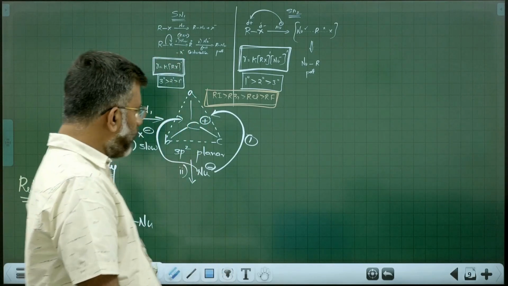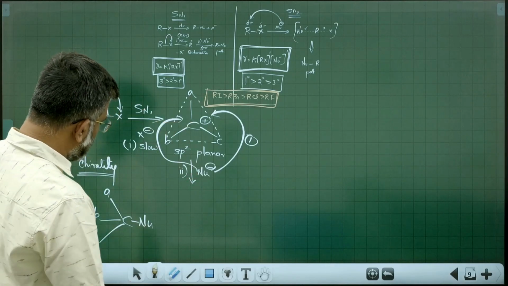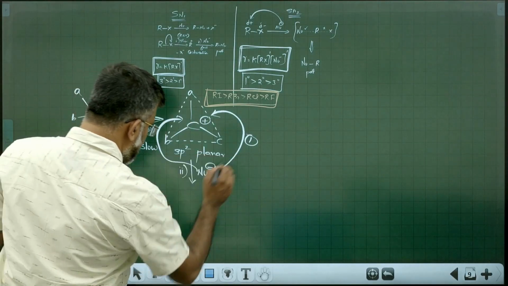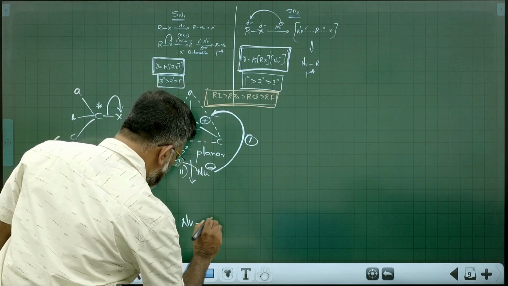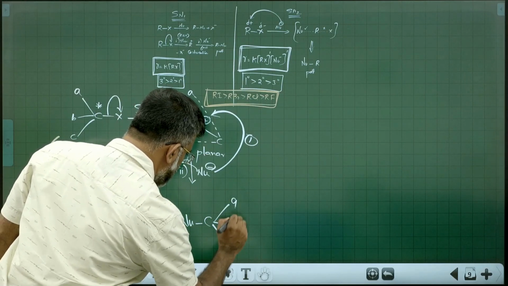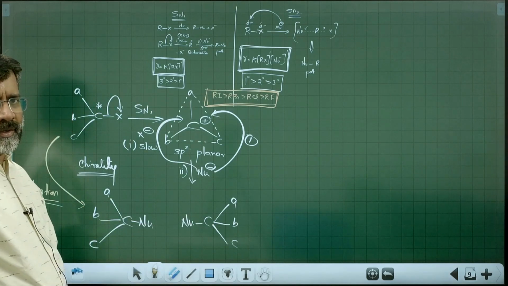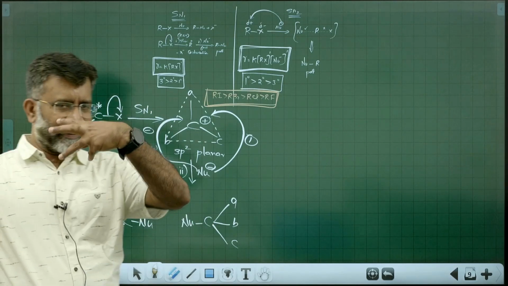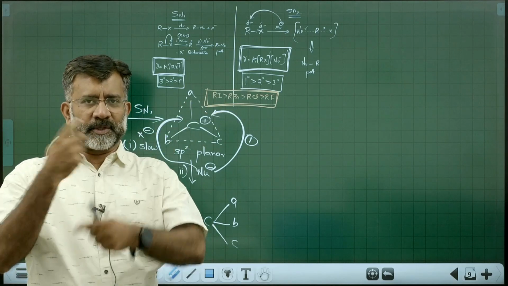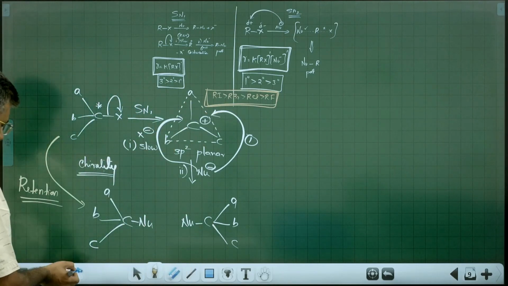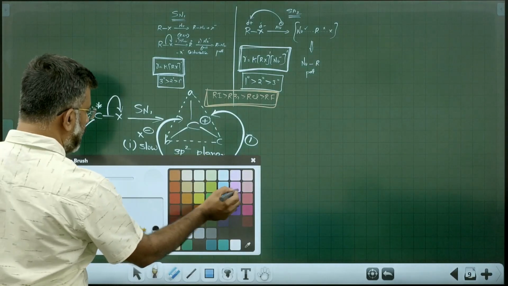Now what happens if the nucleophile attacks from the other side? You will get Nu like this, with A, B, C. You can see this and this have opposite configuration. One is like this, the other is like this. Opposite configuration is called inversion.